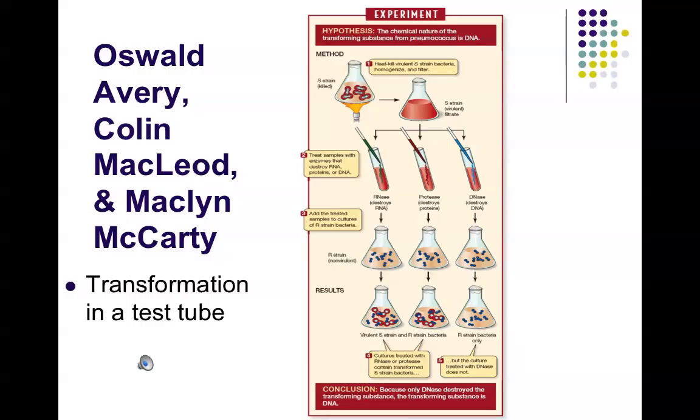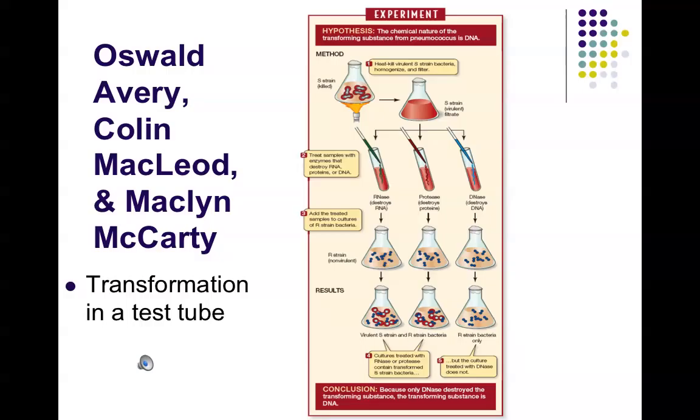Using various techniques to extract all of the bits and pieces of cellular material and simply leave the biochemicals in a solution and performing transformation in a test tube was how Avery and MacLeod began to discover what was the cause of transformation. MacLeod moved on to other research, and then another scientist by the name of Maclyn McCarty continued work with Dr. Avery to determine the transformation principle.